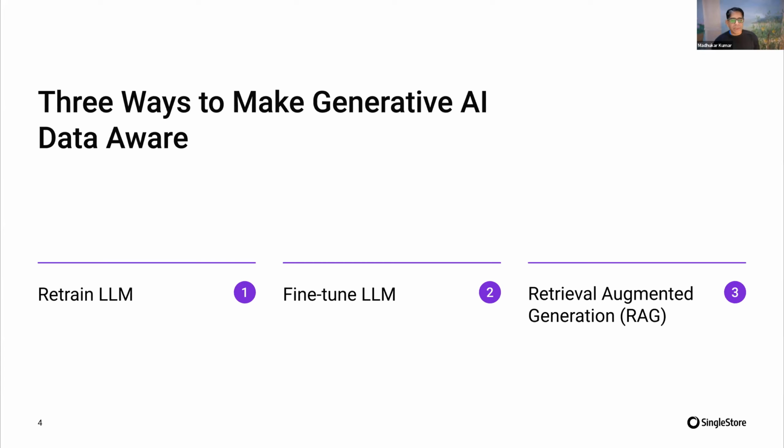The second option is fine-tuning an LLM. And fine-tuning, if you use something like Vertex AI from Google, you can do it fairly simply, in the sense you look at the existing data set that the LLM might have, and you incrementally give it more instructions with the query and response.